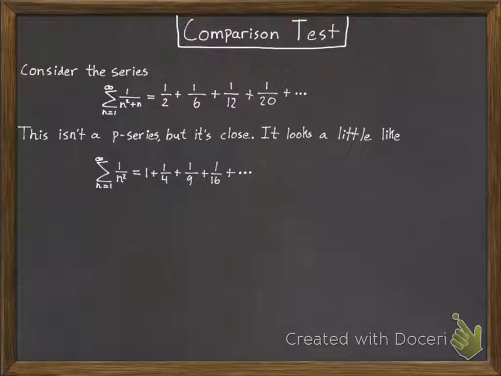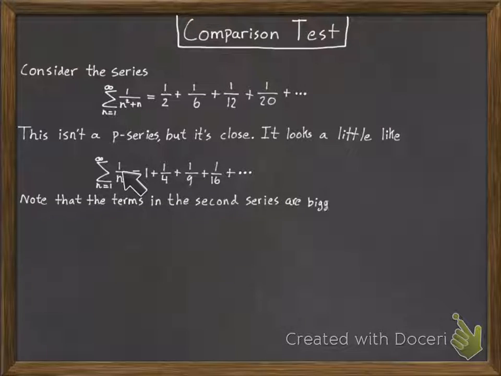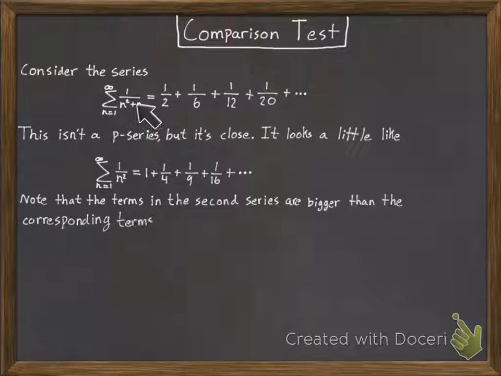And there's an interesting comparison that we can make here. What I'd like you to notice is that the terms in this second series are bigger than the corresponding terms in the first series up here. What do I mean by corresponding terms?